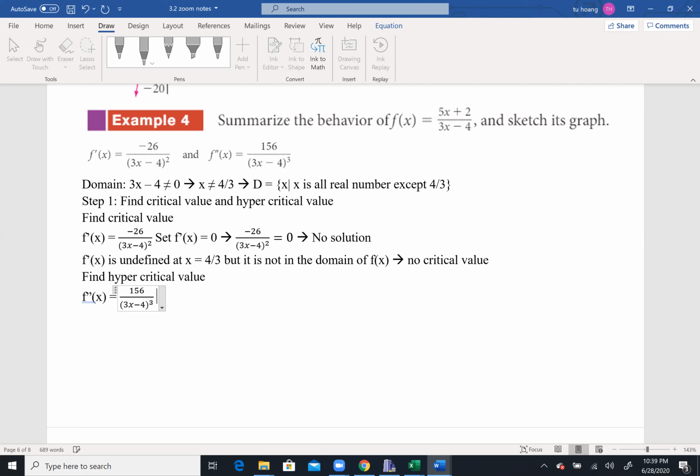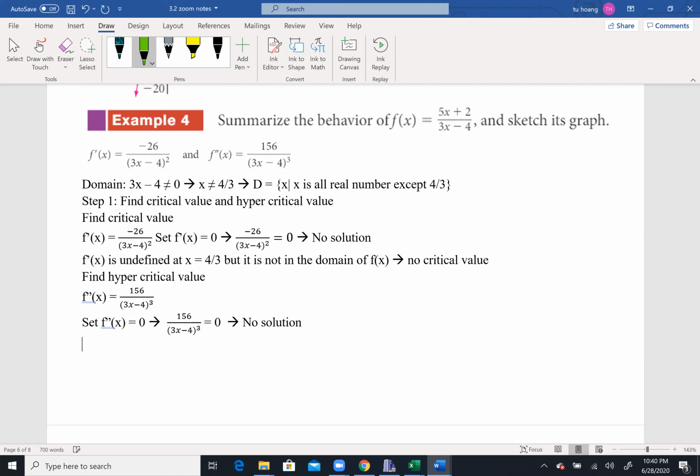And you will now have to set f second derivative of x equal to 0. And this has to equal 0. But you're going to say no solution right away.